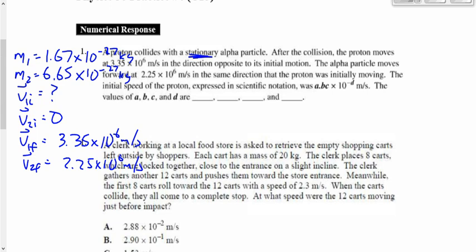One of them has to be negative, one of them has to be positive, right? Doesn't really matter which is which. Since it says the alpha particle moves forward, I'm going to make that positive and this one negative. But again, it's not a big deal as long as you have them in opposite directions. We know they're in opposite directions because it says the alpha particle moves in the same direction as the proton was initially moving, and the proton is moving opposite to the way that it was initially moving. We probably should have, when we read this question, circled those to draw attention to that, so we're less likely to make the mistake of forgetting the negative later on.